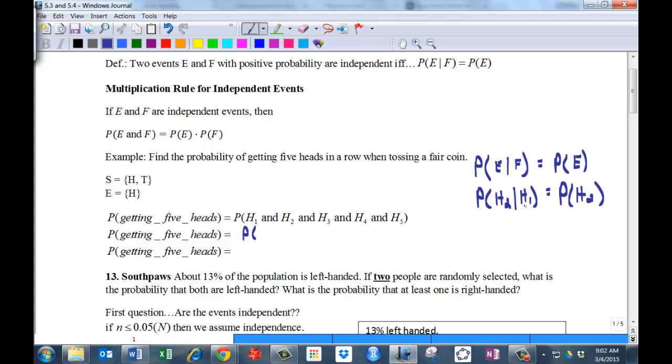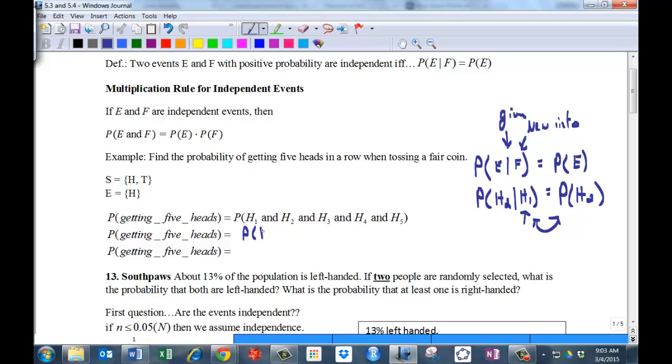Well, this is the way to think about it. The event F, I want you to think about that as new information. So knowing that heads came up on the first toss, does that change the probability? No. So this probability here is exactly the same as that probability. So these two events are independent.